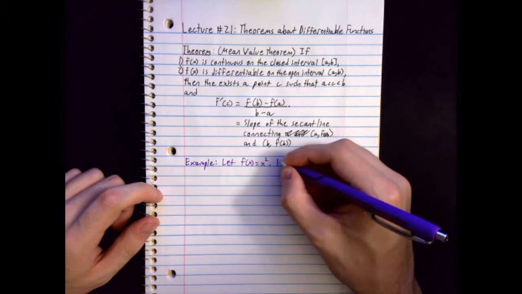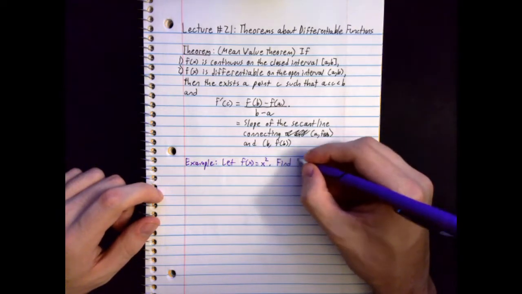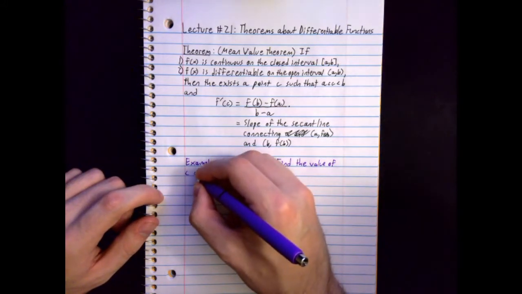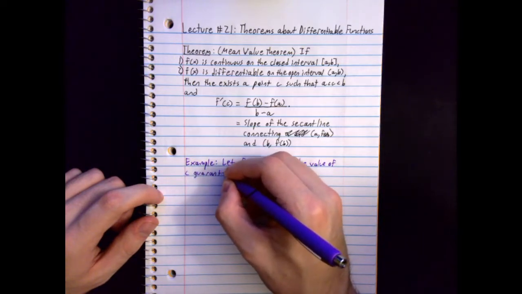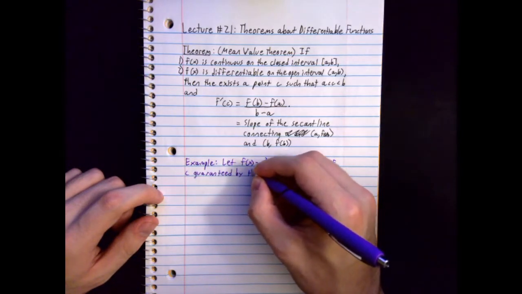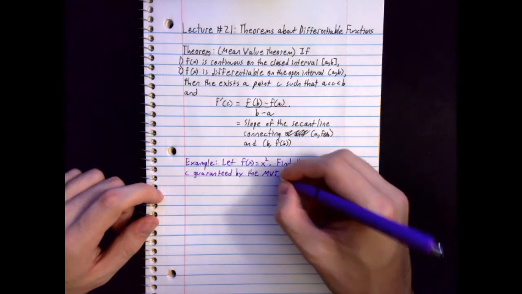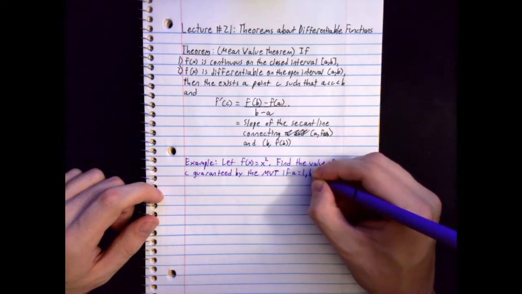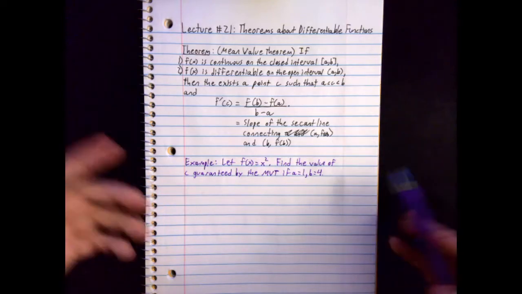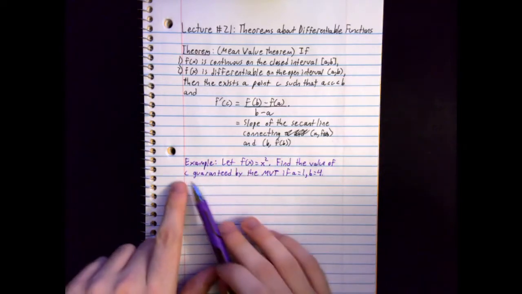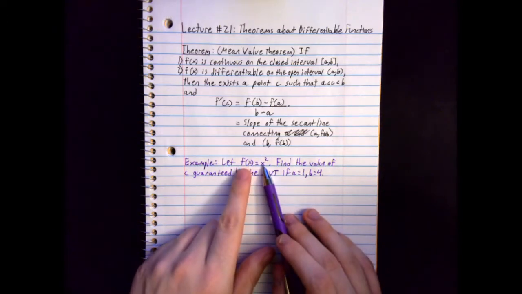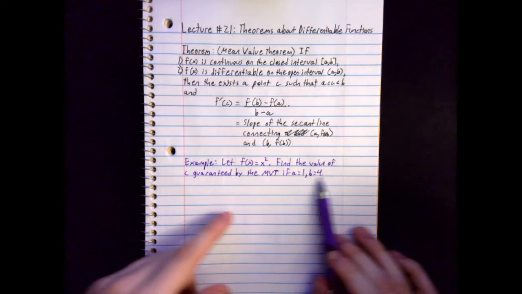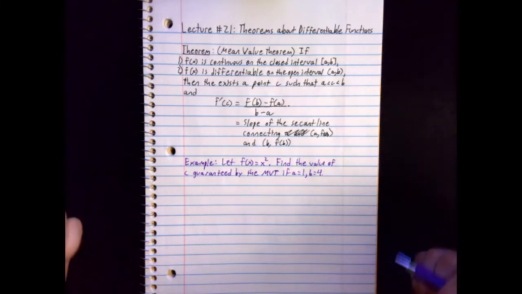Let's find the value of c guaranteed by the mean value theorem, or MVT, if a is equal to 1 and b is equal to 4. So what we're going to do is say, okay, well, the mean value theorem gives me this special point c in between 1 and 4 where the derivative of this function is equal to the slope of the secant line connecting these two points. So I want to go ahead and try and find out what that value of c is.